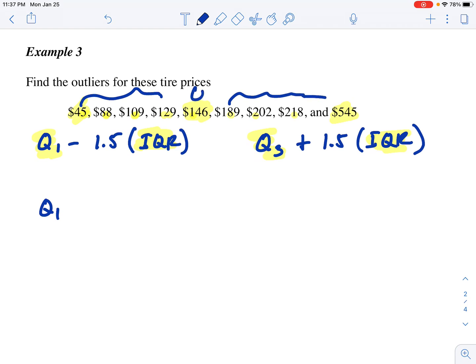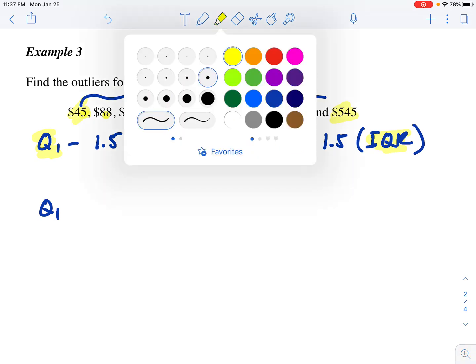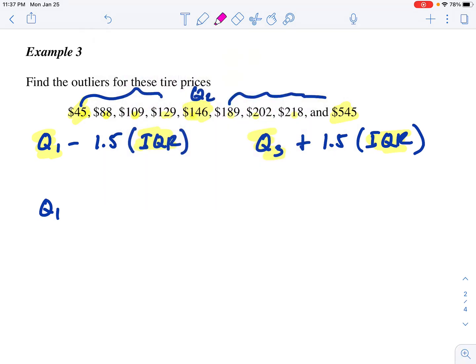So Q2 is 146. That means to figure out our Q1, we're going to find the median right here. Okay, with those two. So Q1 is going to equal 88 plus 109 divided by 2, and that is 98.5.